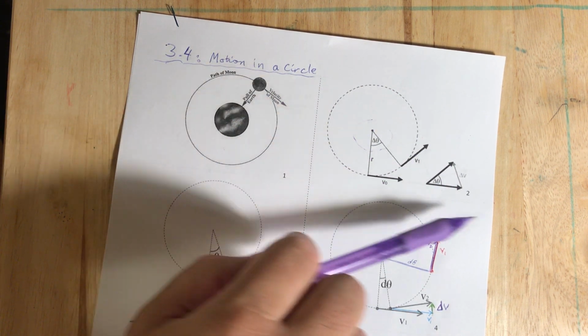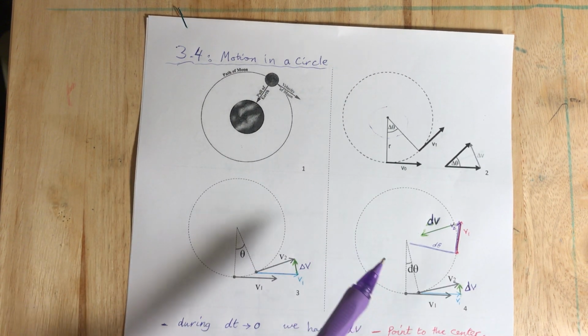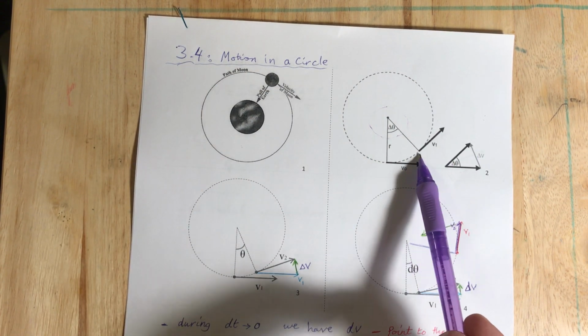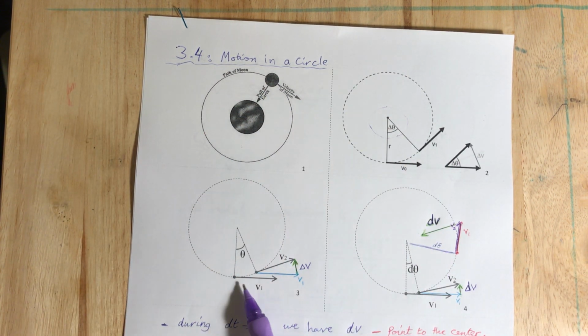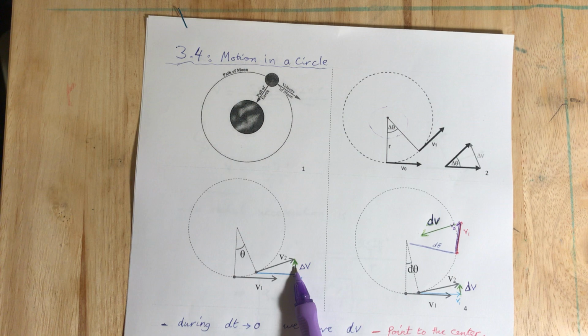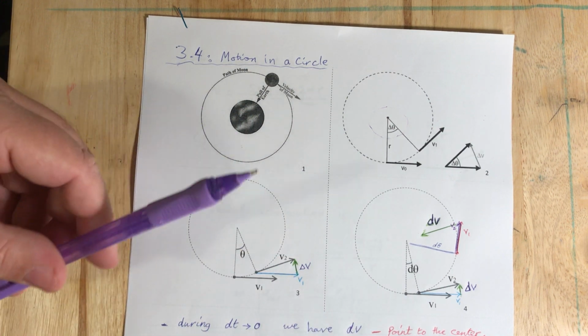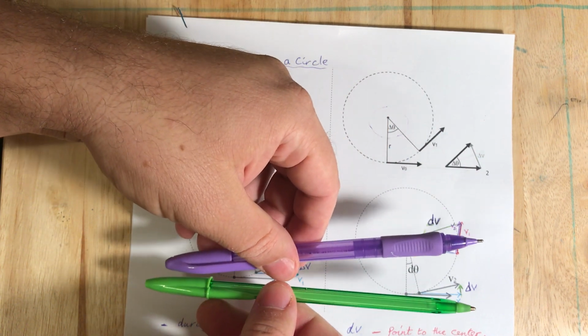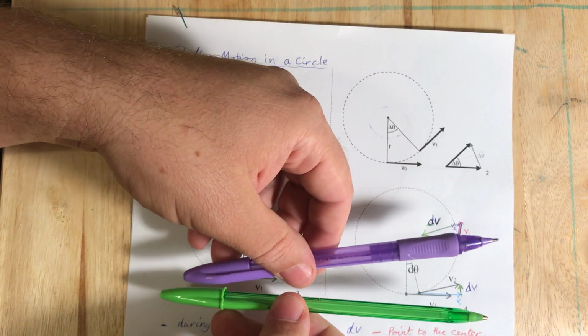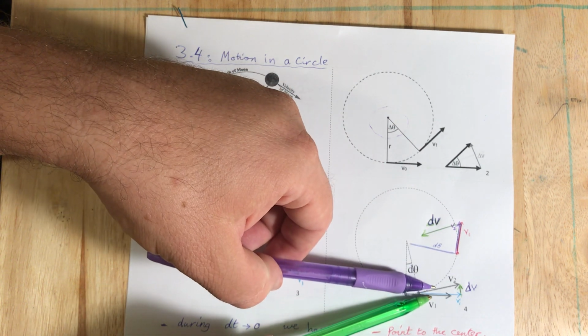If we make that period of time shorter, and take other points between v1 and v2, for example with a smaller theta, we will see that the difference in velocity changes direction, because we have two velocities and we converge them toward each other. This is the third one.